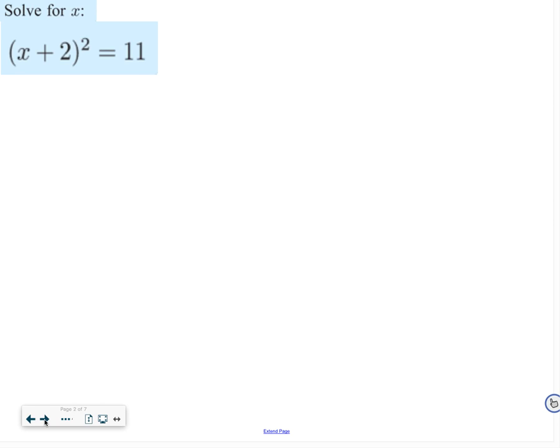All right, so here with solving this quadratic, it's nice because this quantity is a perfect square. So to undo something that's a perfect square, I take the square root of both sides. And I get x plus 2 equals, well, now I have to remember if I take the square root of something, I have a positive answer and a negative answer of the square root of 11.